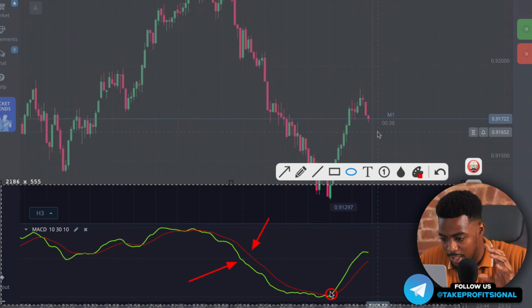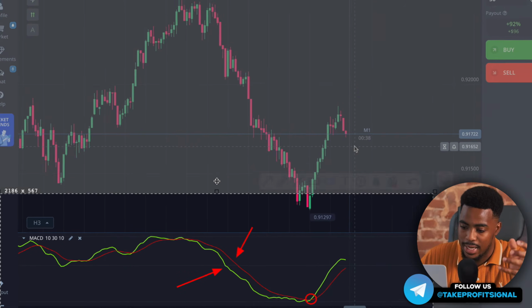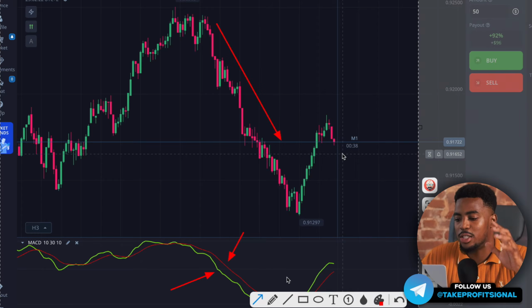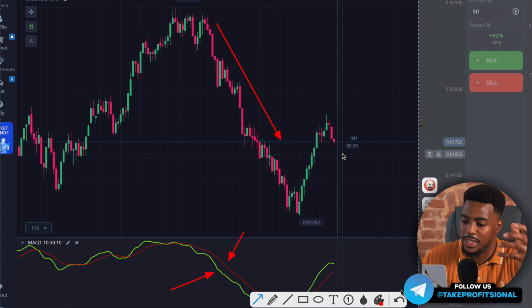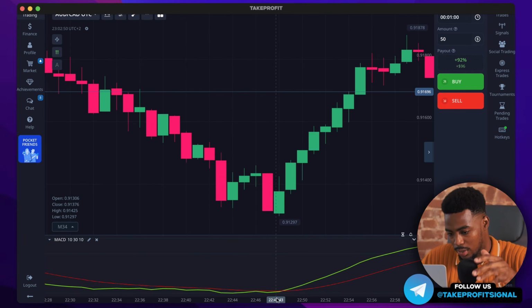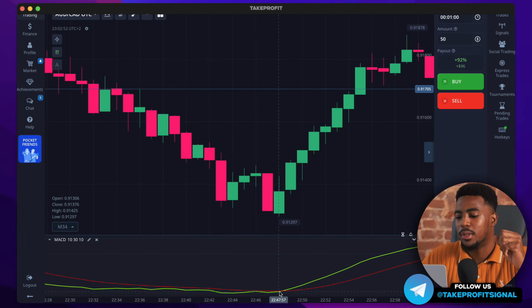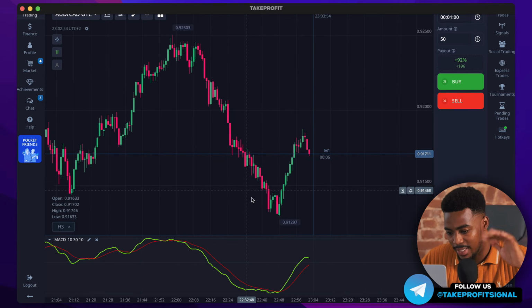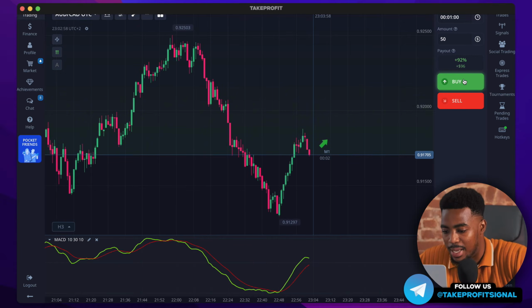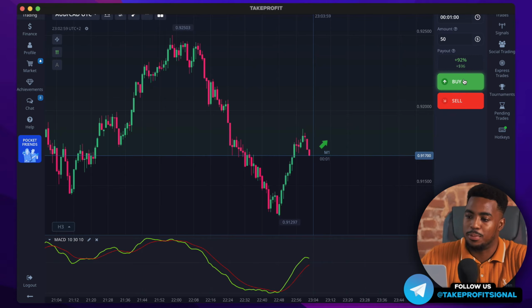And as you can see, our trend is descending. When they intersect, we understand that there is a change in trend. Specifically at this point where the indicator lines crossed, we understand that the trend changed from descending to ascending. Therefore, our task is simply to join this trend. Let me open the first trade and you will see how easy it is.